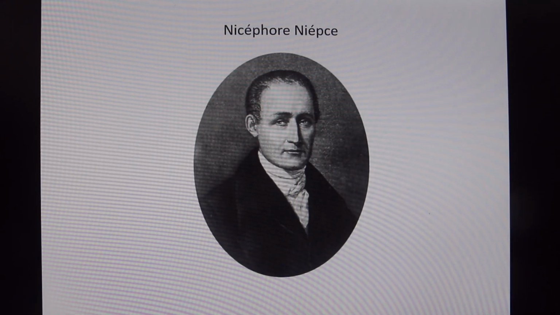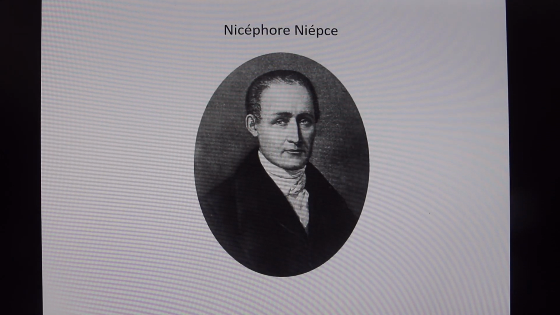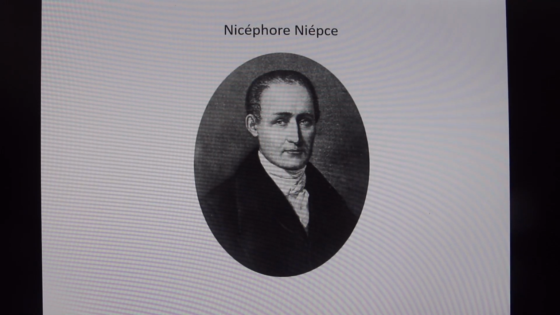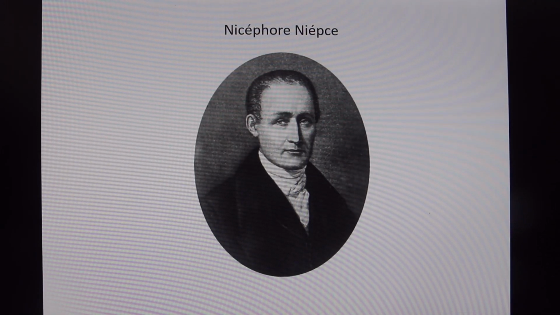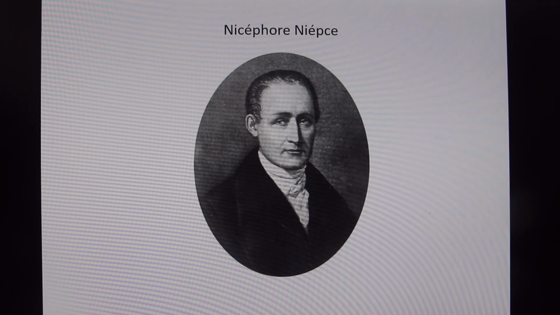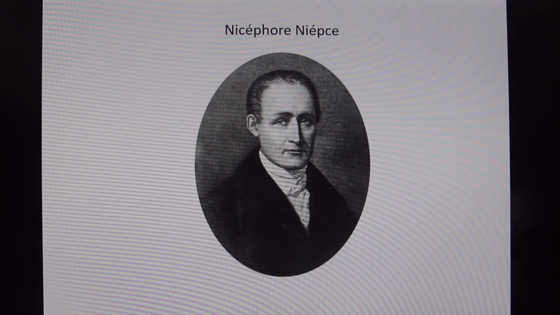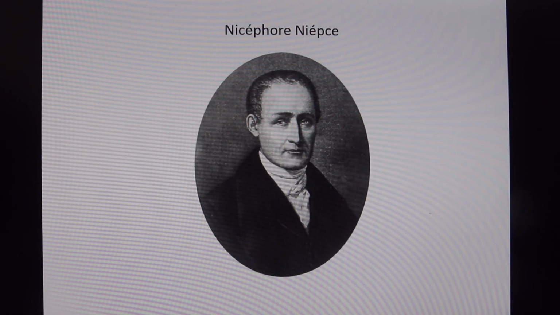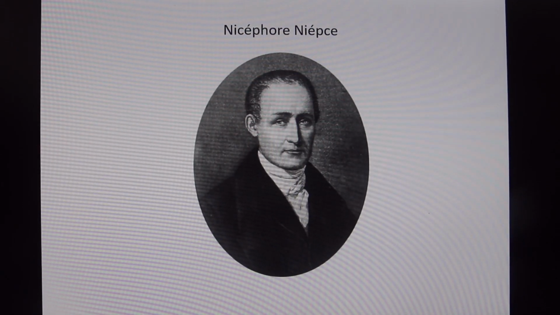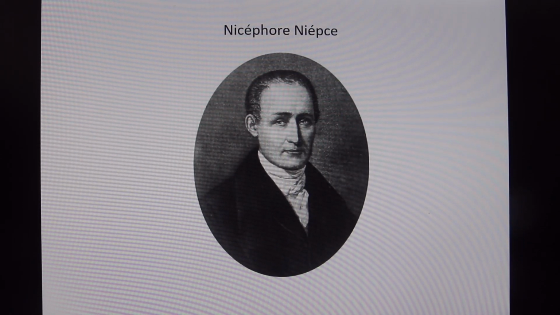Silver is very sensitive to light. Anybody who has seen old silver, it tarnishes. It's because of heat and light. And paper and glass and tin could be coated with silver and it could become light sensitive. Niepce began his experimentation and he discovered a way to fix the image.